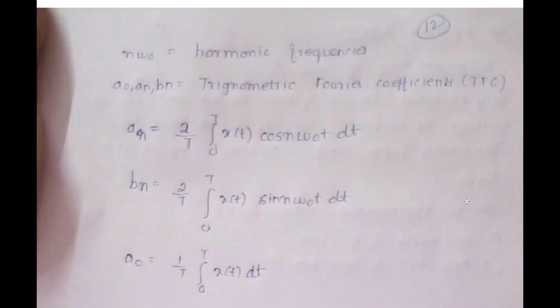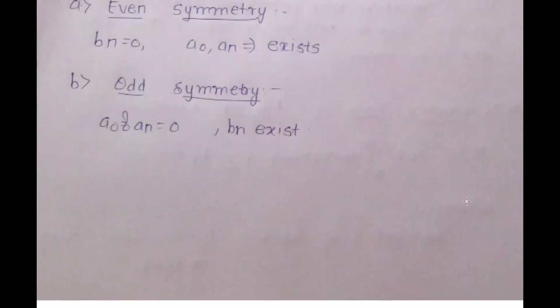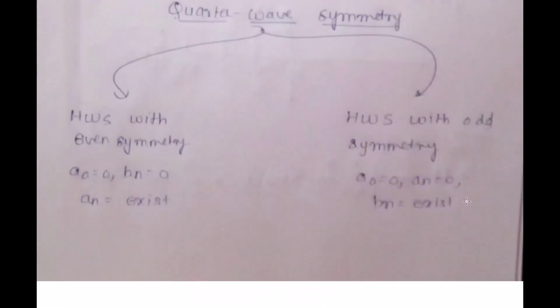Hence, if you understand the kind of signal which is given to you, if it is even, odd, half wave symmetry or quarter wave symmetry, you can directly set a few of the coefficients like a0, an, bn equal to 0, and you can find out the remaining coefficients so that you can save on time and the sum can be solved very quickly. So I hope I'm very clear.